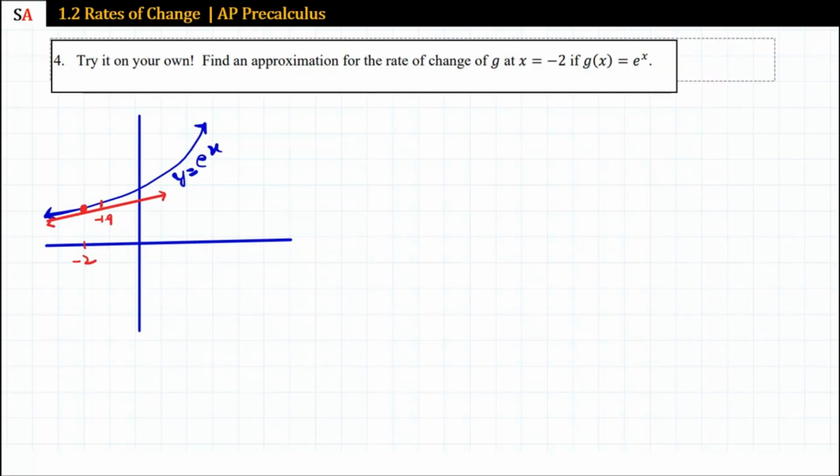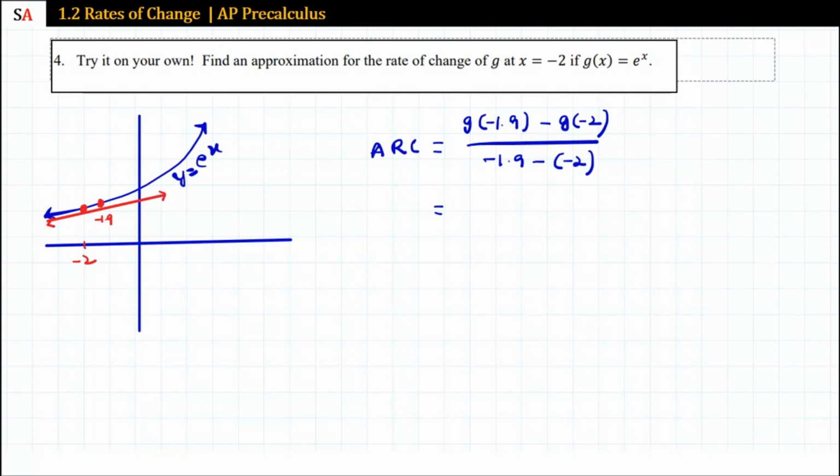Right. Now let's find the average rate of change of these 2 points. You will get the estimated rate of change. So that is the average rate of change, y2 minus y1, that is g of -1.9 minus g of -2 over x2 minus x1, that is -1.9 minus (-2).